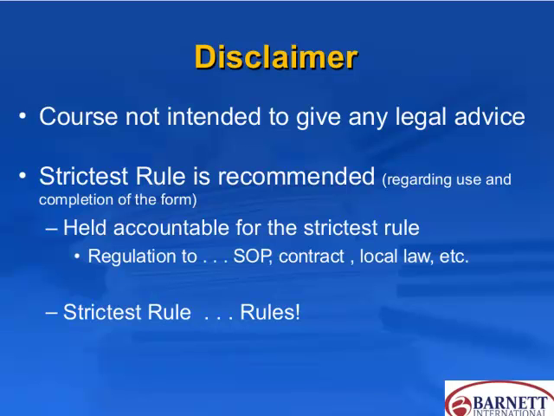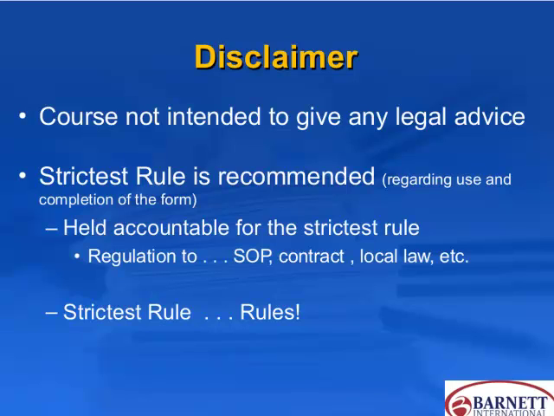Typically, these conflicts occur with SOPs, or perhaps a local regulation might vary from what's identified in the protocol, and so it would be the strictest rule. Sometimes, for example, there are local regulations regarding emancipated minors, and so we typically recognize the age of consent to be 18 years of age.